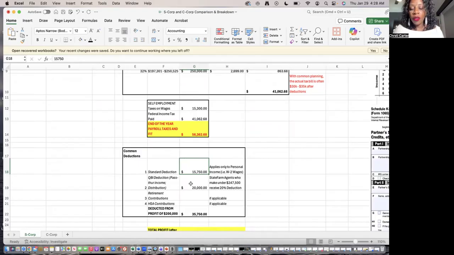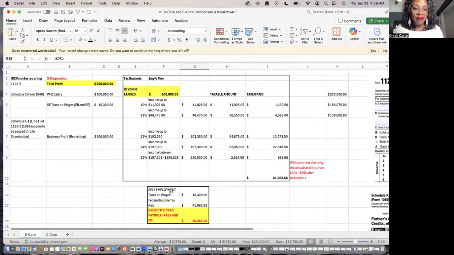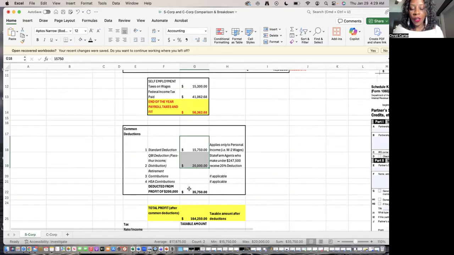But for this scenario, for a single person, the standard deduction is 15,750. And then another deduction that we're going to go over briefly is a QBI deduction. QBI stands for Qualified Business Income. So there's a qualified business income deduction that anyone who makes under $247,500 qualifies for. So this is going to be taken off 200,000. If you add together 15,750 plus 20% of your wages, 100,000, you get 35,750.